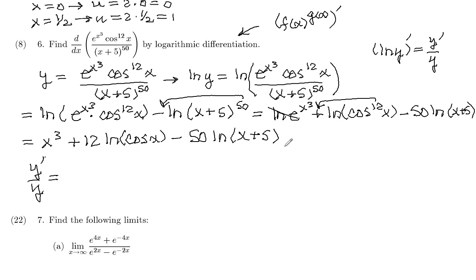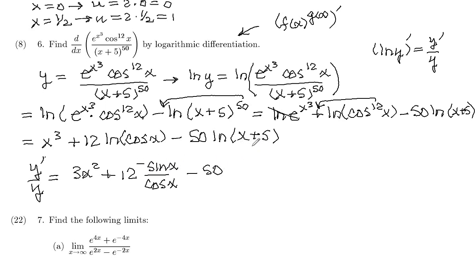And then the derivative of this right-hand side here, well, derivative of x cubed is just 3x squared plus 12. And now this is derivative of log of a function. So again, we've got to do this again. Inside goes on the bottom, cosine x, and derivative on the top. Derivative of cosine is negative sine. And then minus 50.